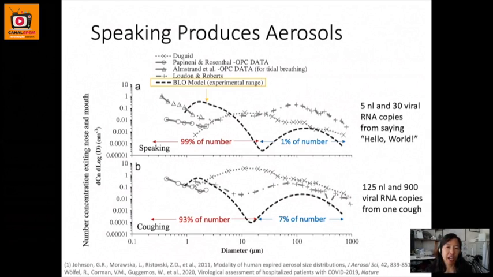And then if I apply a viral load measured in an early study on COVID-19, I use 7 × 10⁶ RNA copies per milliliter, then saying hello world could potentially release 30 viral RNA copies into the air, whereas coughing could release 900. But that's just from saying hello world, one breath. If a person is talking continuously, sentences, they go on, obviously they can produce a lot more over time.